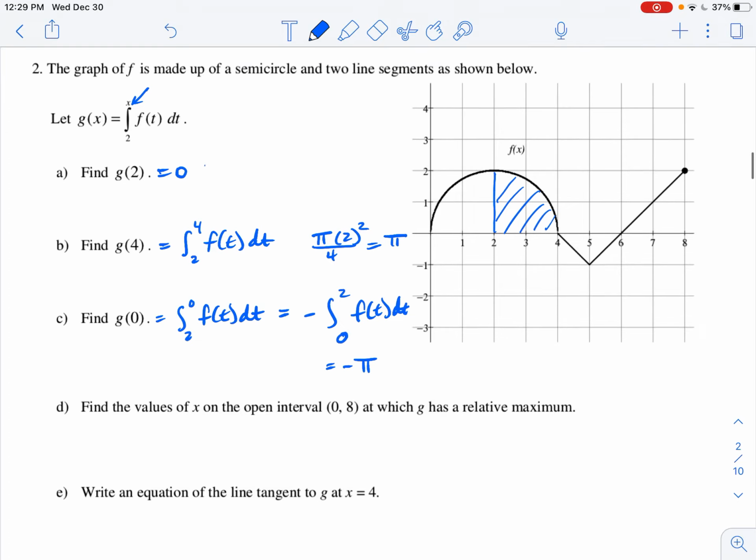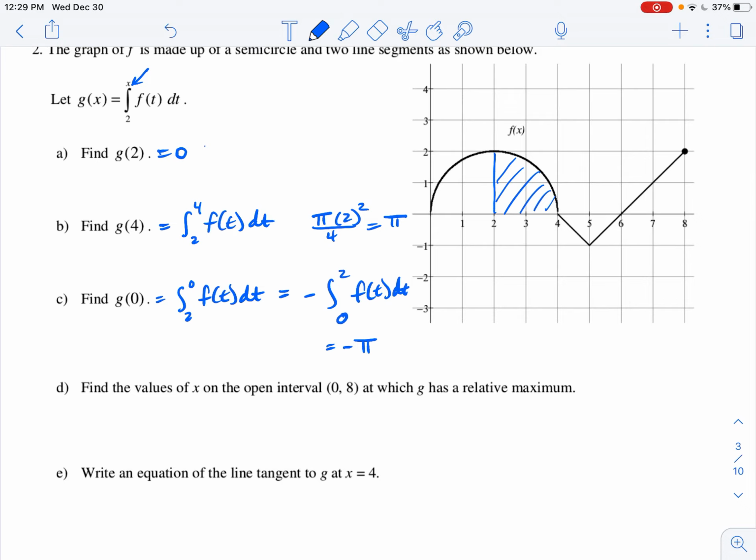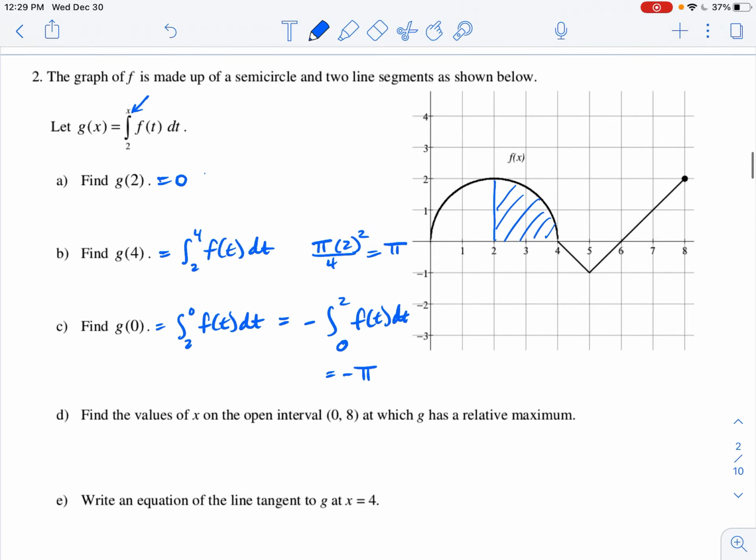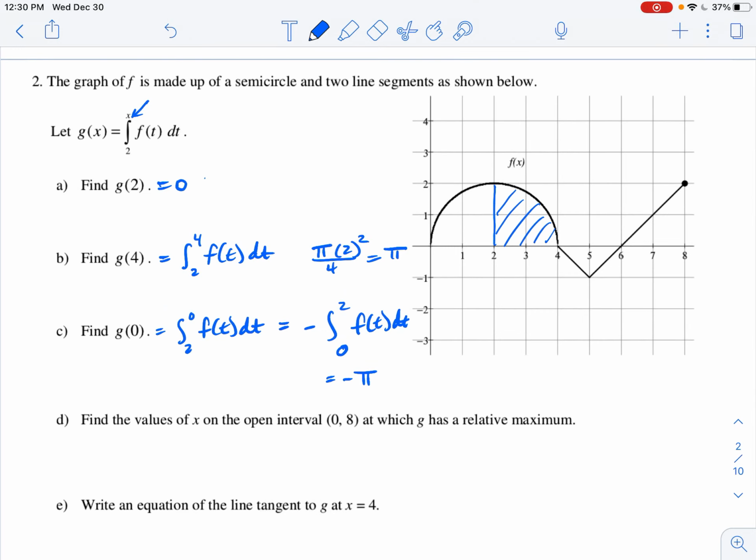And part D, find the values of x in the open interval at which g has a relative maximum. Okay, so g has a relative maximum where g prime changes. If I go ahead and take the derivative of my integral equation, then g prime of x is equal to f of x.